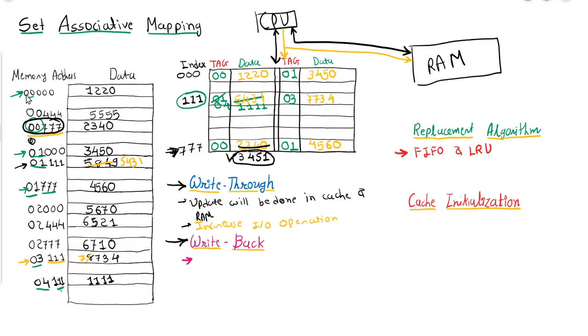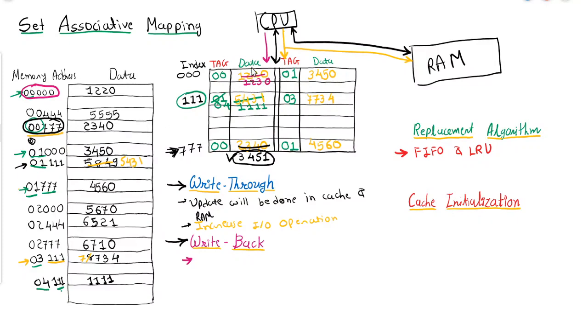We have an instruction on location 00000, and the value is 1220. Now the CPU is using this value, and after the operation this value becomes, let's say, 1230.